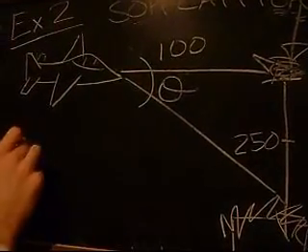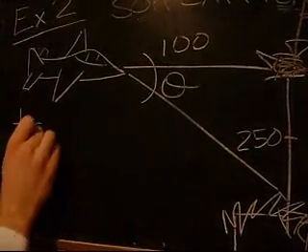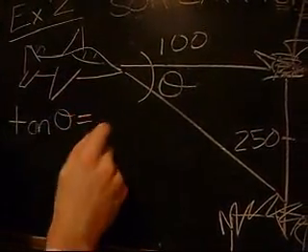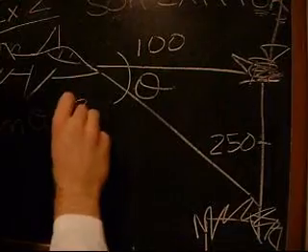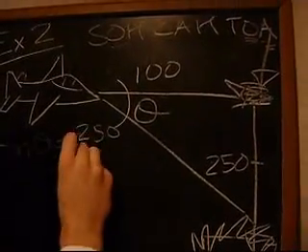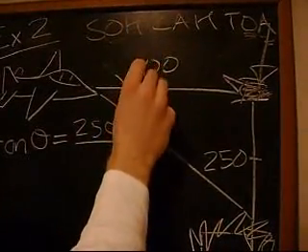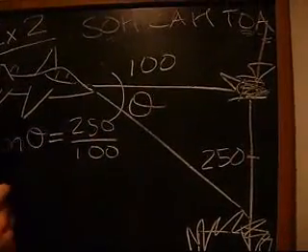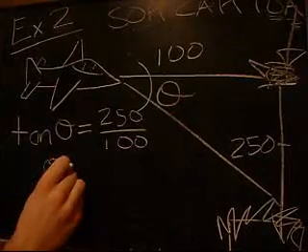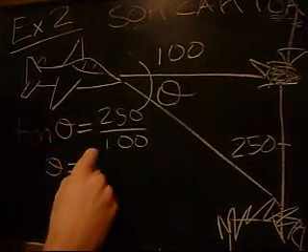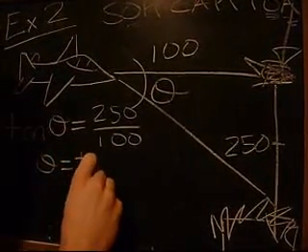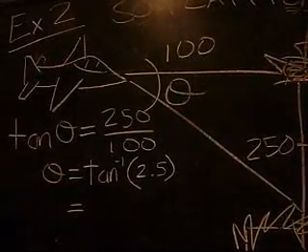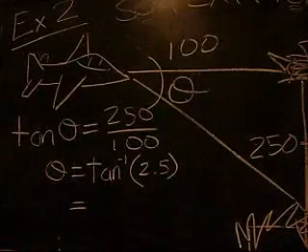So, to find theta, we write tan theta is equal to opposite, 250, over adjacent, which is 100. So, bring tan over to the other side, you get that theta is equal to inverse tan, and of course, if I were to have a calculator, I could tell you what that answer is.